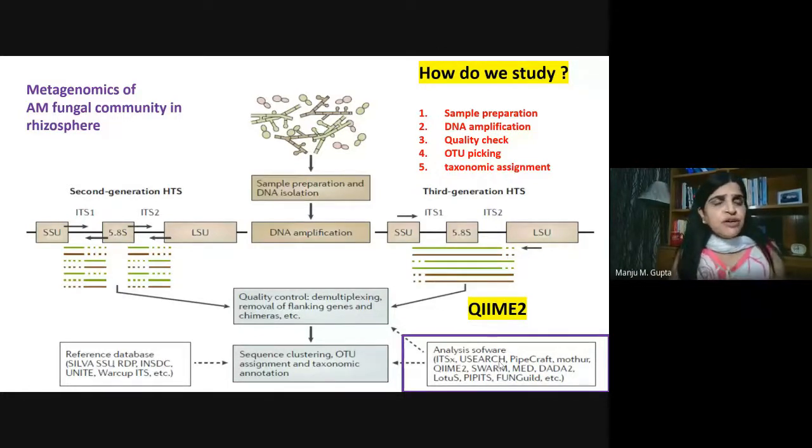I picked the software which is very simple, and I thought after this lecture maybe students would like to fiddle with it, to work with theoretical data and try OTU picking. So I picked the simplest and most popular software, that is QIIME. We'll use QIIME in the next few slides and see how we do it. I said I'll be a bit quicker because we might miss some part of the journey, but I tell you it was very interesting.